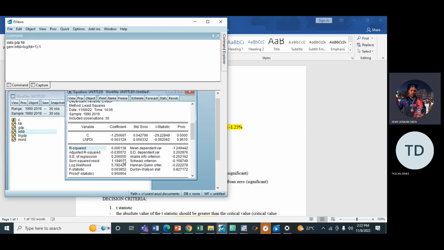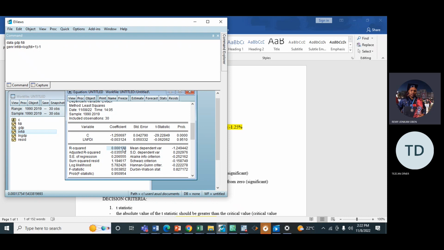So if your R squared is greater than 50%, it is good. If it is really high, maybe 80-90%, it means your model has a high explanatory power. But if your R squared is less than 50%, it means your model has a low explanatory power. Here our R squared is almost 0%, 0.0.